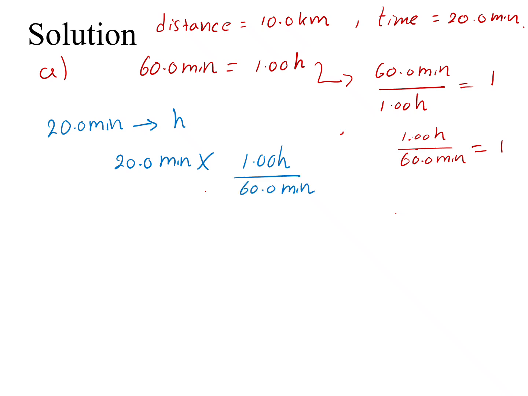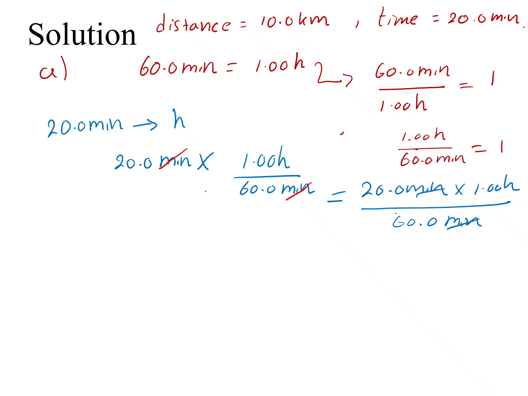So the minutes cancel out and this gives us 20 minutes times 1 hour divided by 60.